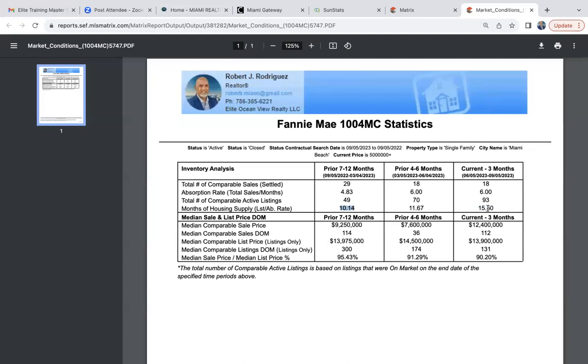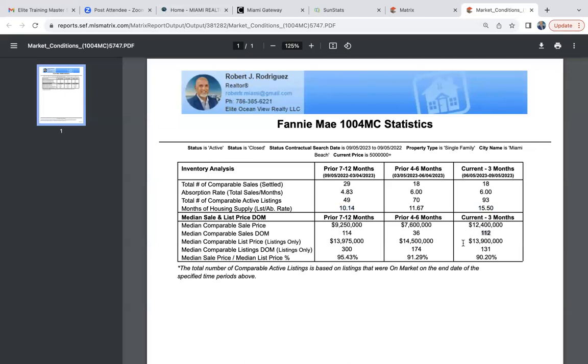So it is pretty much a buyer's market there. Our prices are up though. Notice that we went from 9 million down to 7.6 million, now up to 12.4 million. Days on market is 112 days.